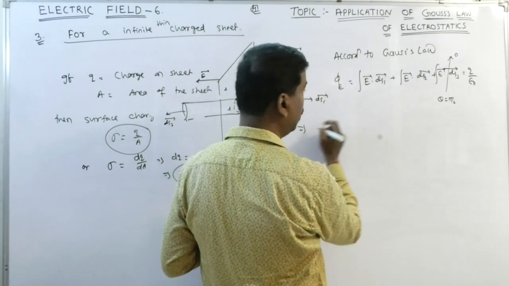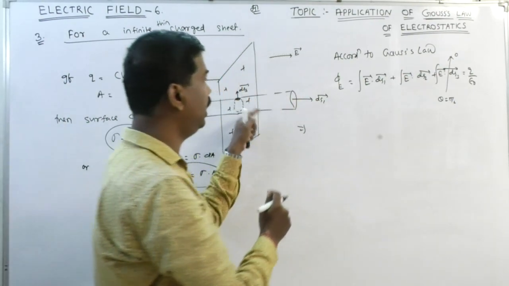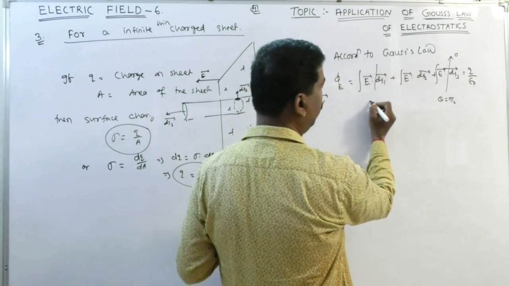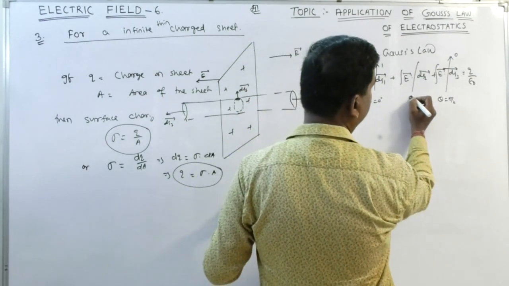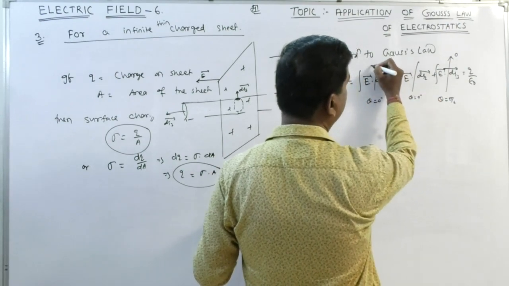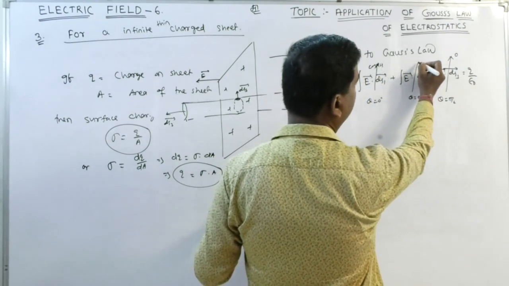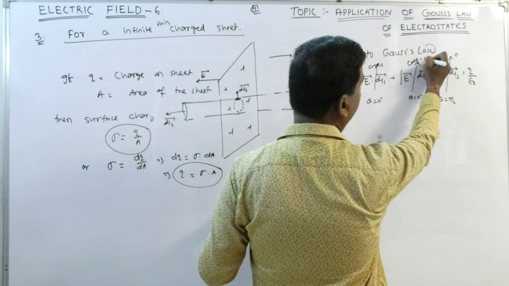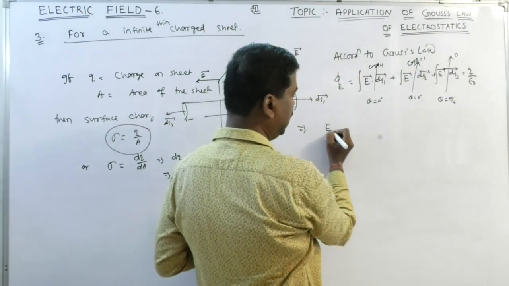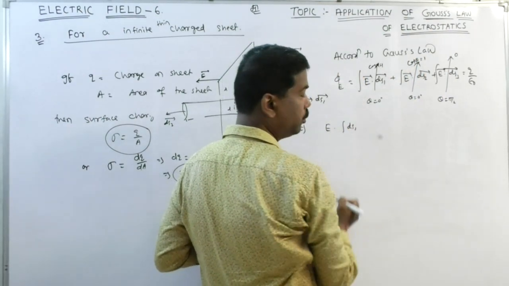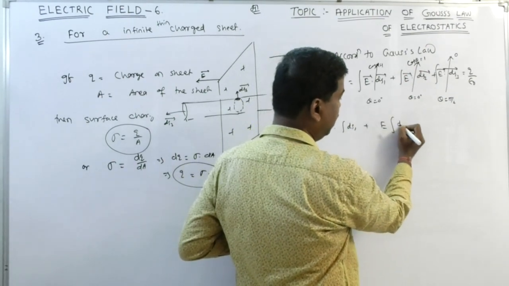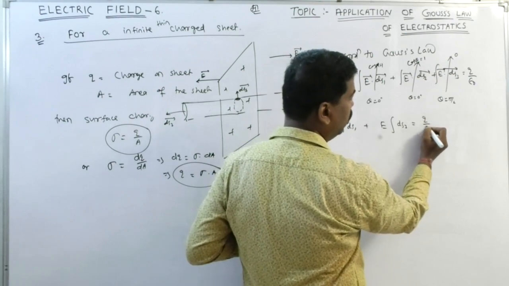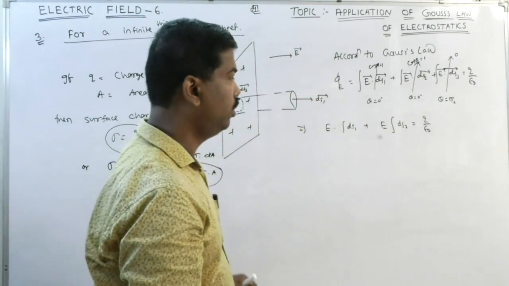Then E ds1, both are parallel, so theta is equal to 0 degree, cos theta is 1. Again theta is equal to 0 degree, here also cos theta is 1. So E ds1 plus E ds2 is equal to q by epsilon 0.